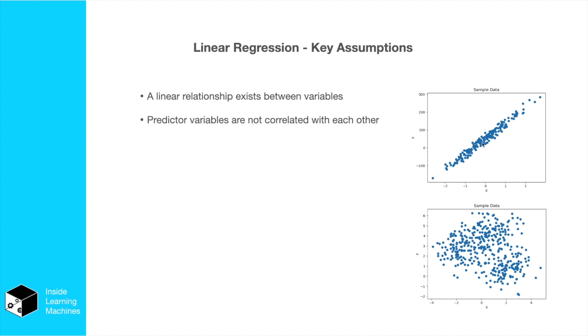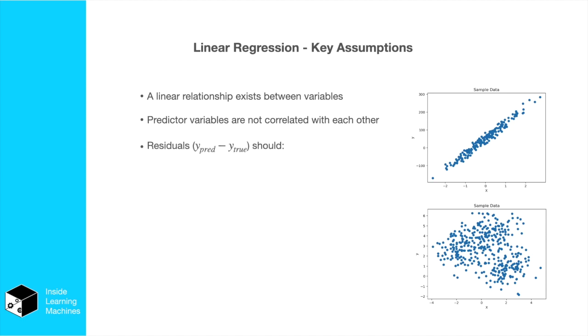So in these two different examples, I just plotted the case where we only have one predictor variable, x. However, in general, we can have multiple different features that we combine together to determine a target y. And in this case, we need to be certain that these different predictor features are not correlated with each other.